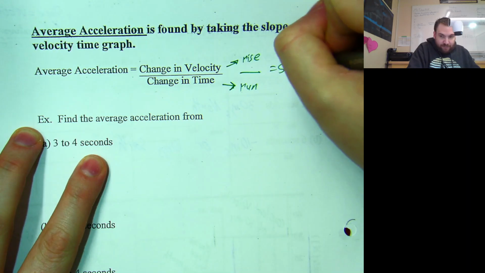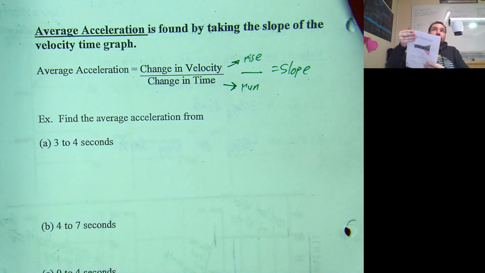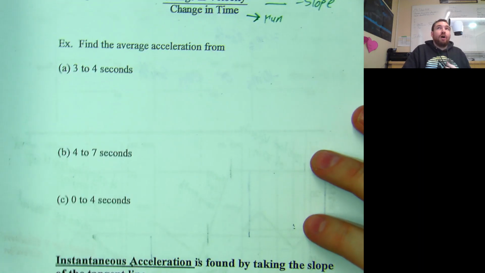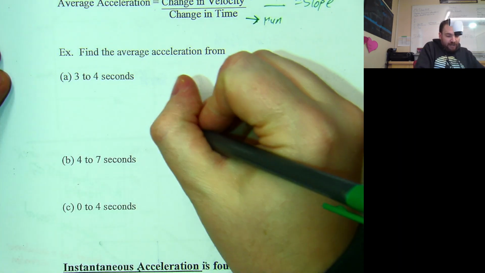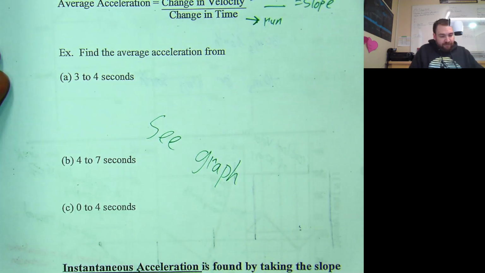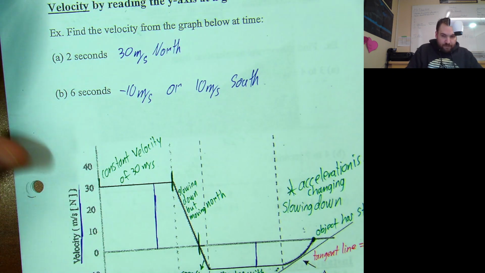So that's going to give me a slope here. You just have to accept that this is happening. So we're going to do these calculations, A, B, C, right on the graph. I will make a note of which ones we want.